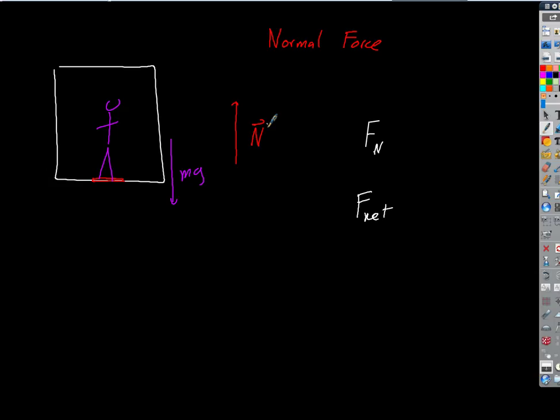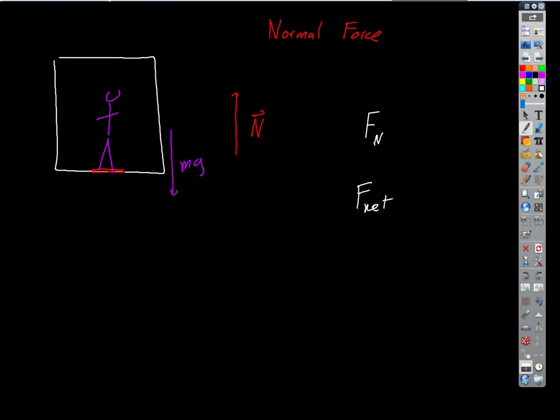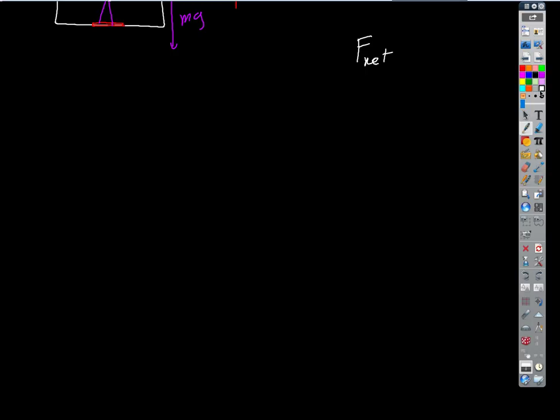Okay, so then how could we show here, using a free body diagram, why the scale is going to read more if the elevator is accelerating upward? Because the normal force is increased. How are we going to draw that? So for the free body diagram, we're going to simplify it: this represents the person, right?